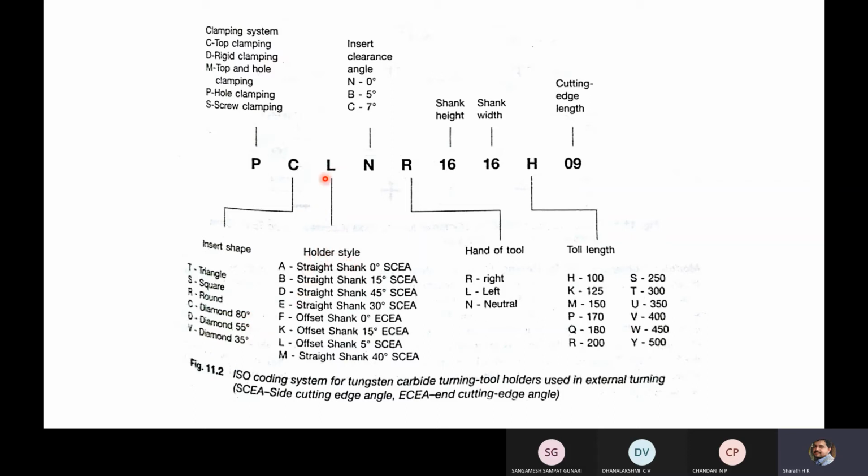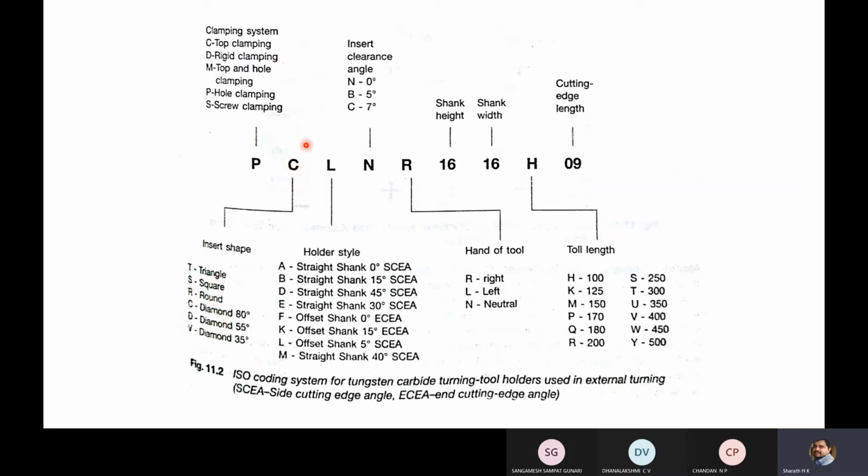The first letter represents the clamping system. If it is P, hole clamping. If it is S, screw clamping. If it is M, top and hole clamping. The second letter represents insert shape. If it is C, the shape of the insert is diamond. If it is R, the shape of the insert is round.